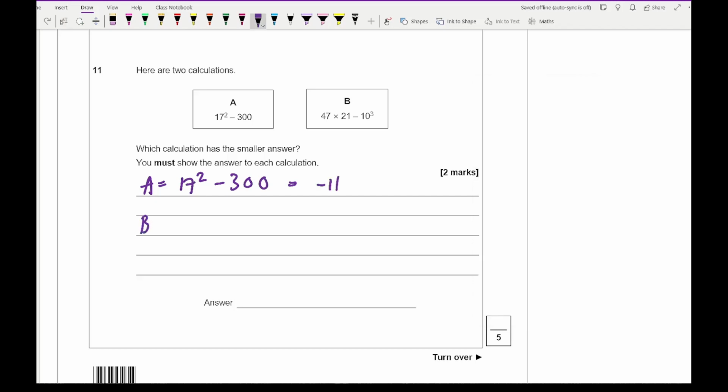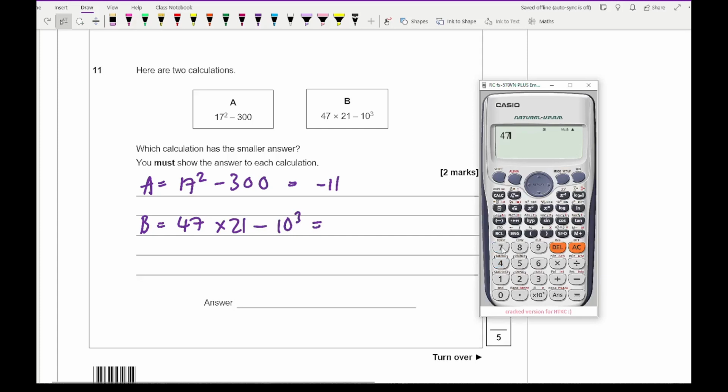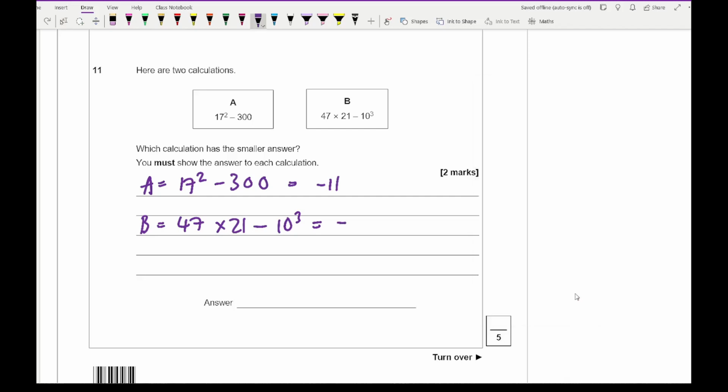And for B, I've got 47 times 21 minus 10 cubed equals, and again, straight on the calculator, it's minus 13. And the question is, which of the two numbers is smaller? It's going to be B.